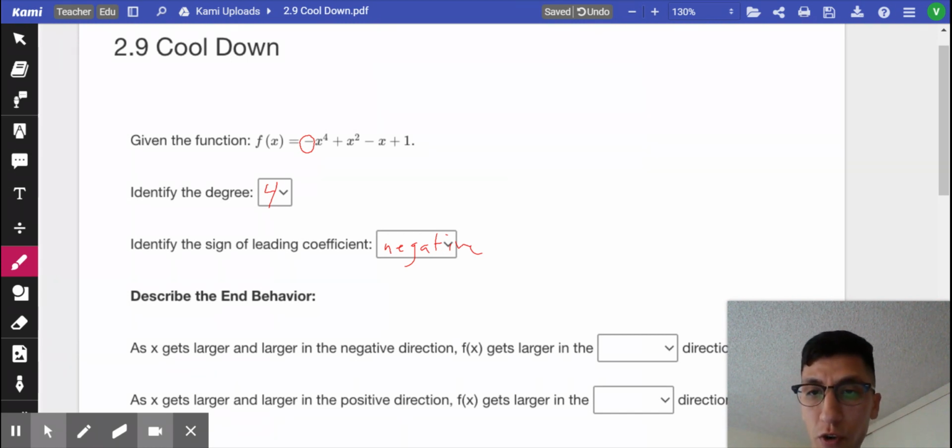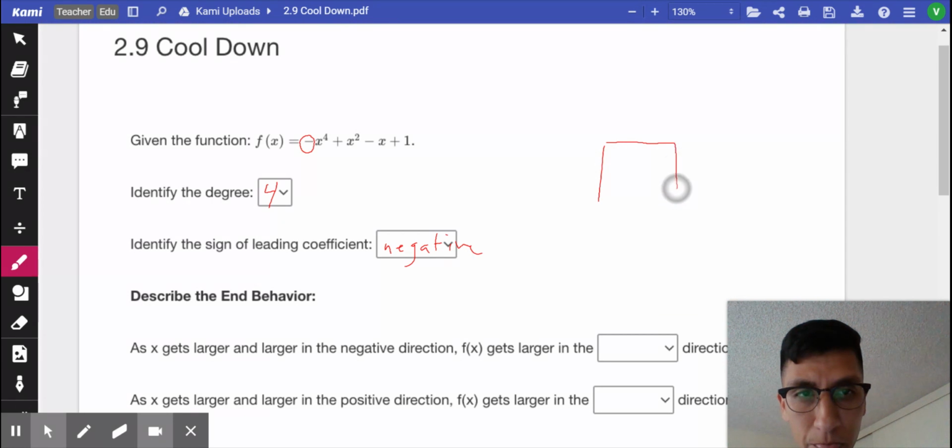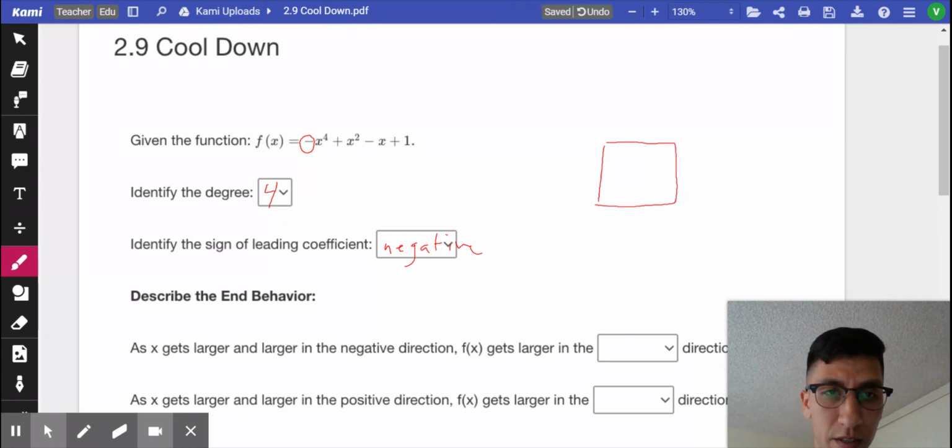Okay, so we're going to describe the end behavior. You have these sentence frames, you're just filling in the blank. In order to answer these questions, you need to have an idea of what the end behavior of this function is. So I'm going to draw a square to represent the middle portion of the graph, which doesn't really matter. But considering that this is a fourth degree polynomial, 4 is an even number.